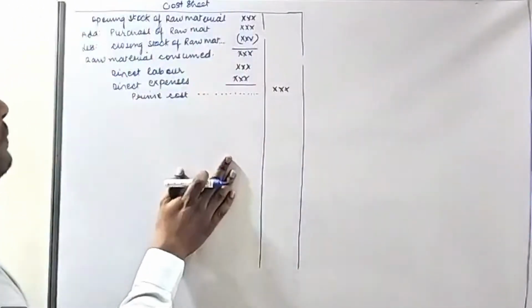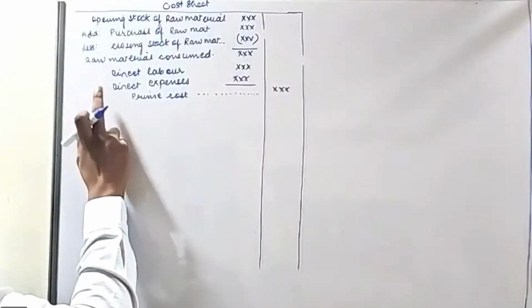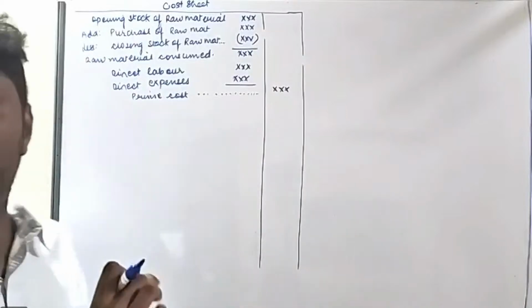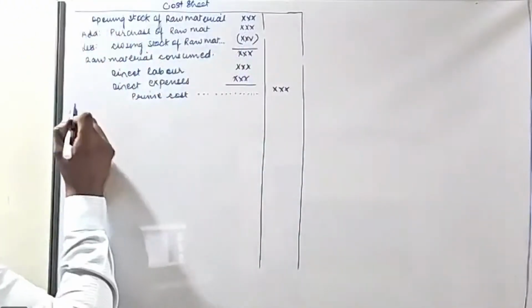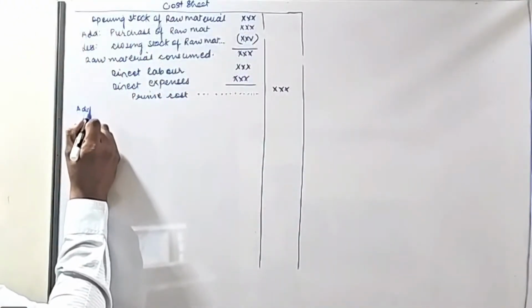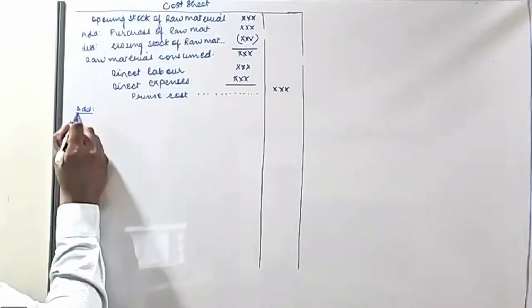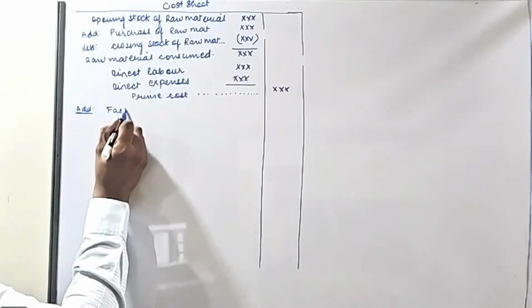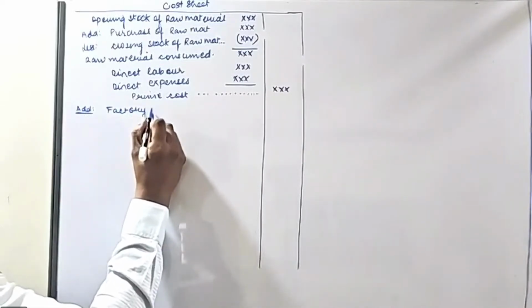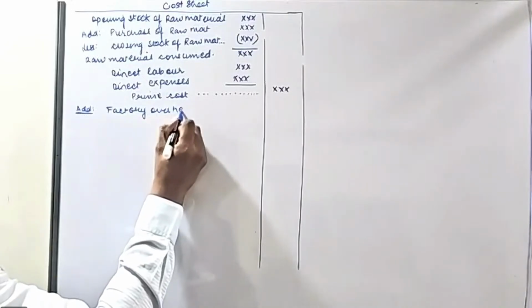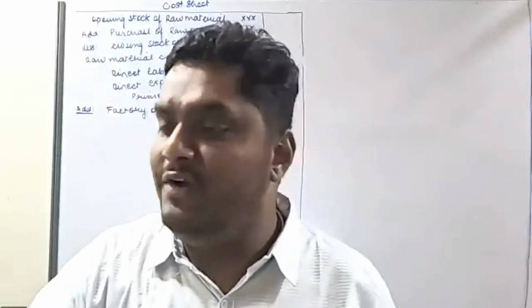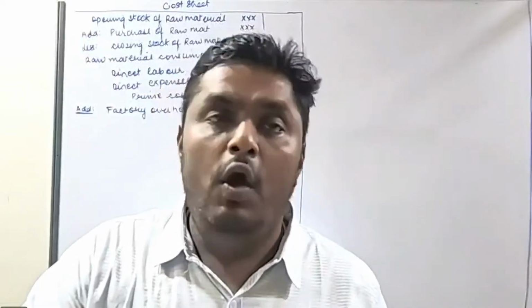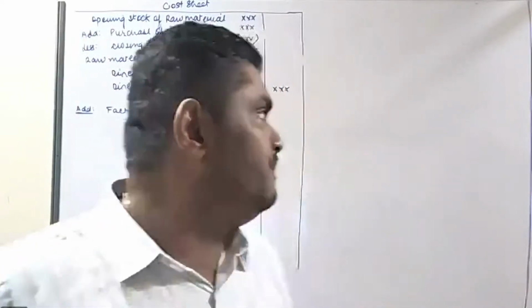So this is all about prime cost, that is direct material, direct labor, and direct expenses. The total will be my prime cost. Now, in this prime cost, we will add all the factory overheads, or work overheads.